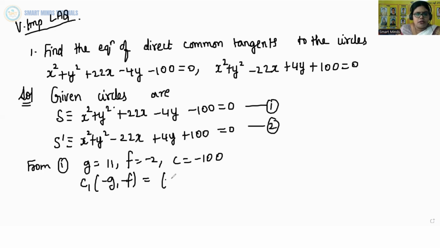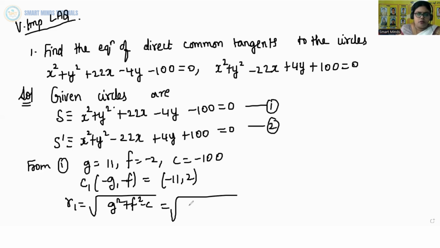So center 1 is minus 11 comma 2. Now we find radius. Radius formula is root over g square plus f square minus c. That is root over 121 plus 4 minus of minus becomes plus 100. That is root 225, which is equal to 15. So which implies R1 is equal to 15.